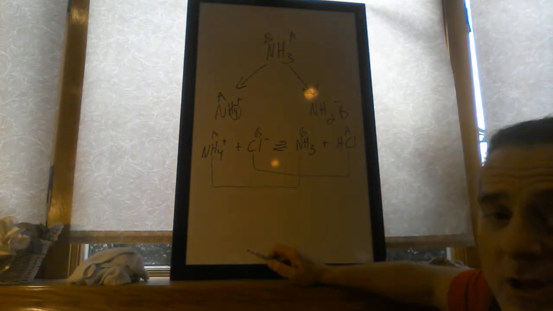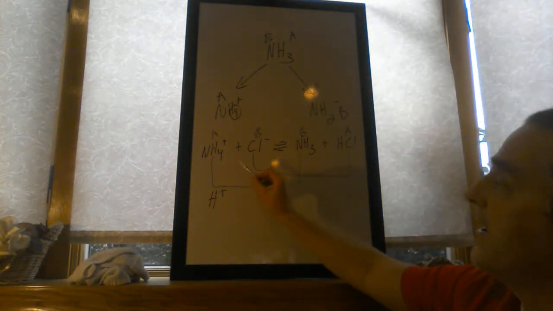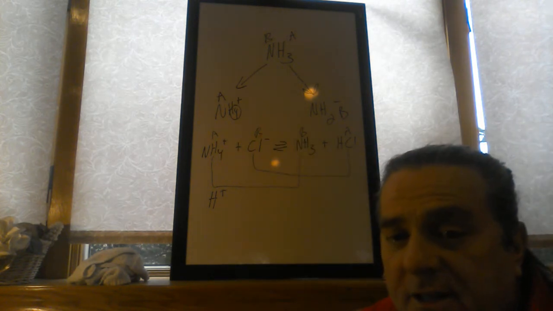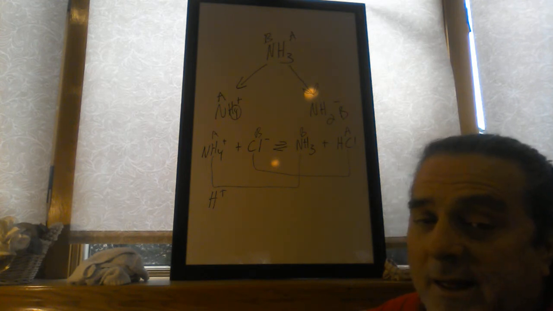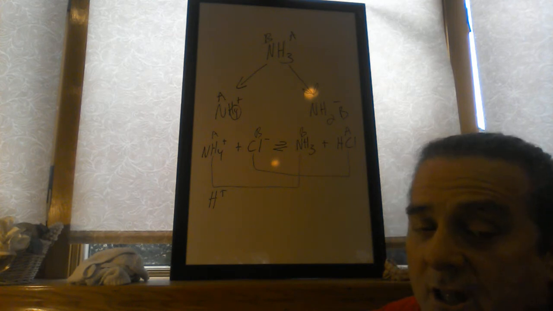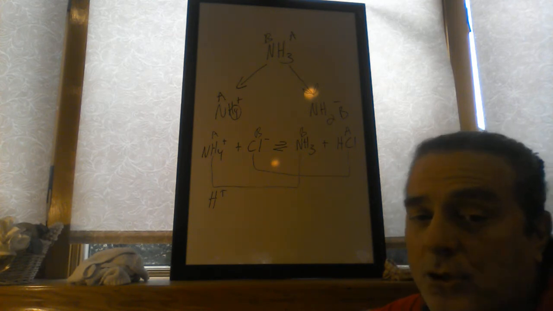Okay, hydronium and hydroxide. First off, the thing getting passed back and forth is the proton. This acid loses H positive. And in the Arrhenius definition, they talk about the proton being transferred. That's actually a lie, right? The free proton does not exist in a water solution. In a water solution, that free proton is going to attach to a water.